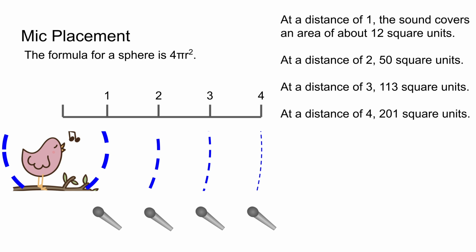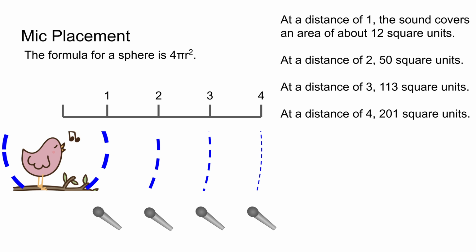So at a distance of 1 yard, the sound energy coming from the bird has to cover a sphere that's about 12 square yards, and that's where our first microphone is. By the time it gets 2 yards out, it has to cover a sphere that's 50 square yards. That's 4 times as much area. By the time it makes it 3 yards, that same energy is spread out over a sphere that's 113 square yards.